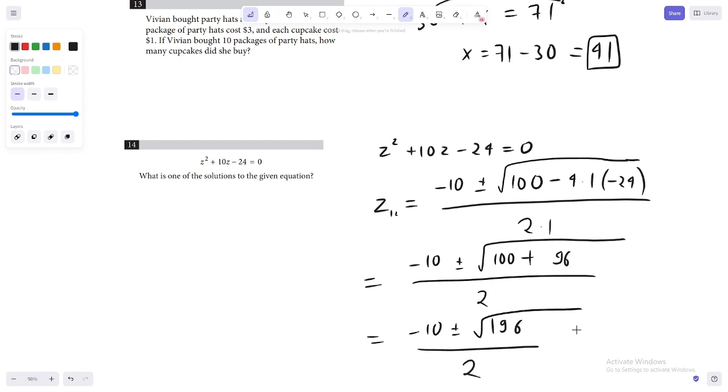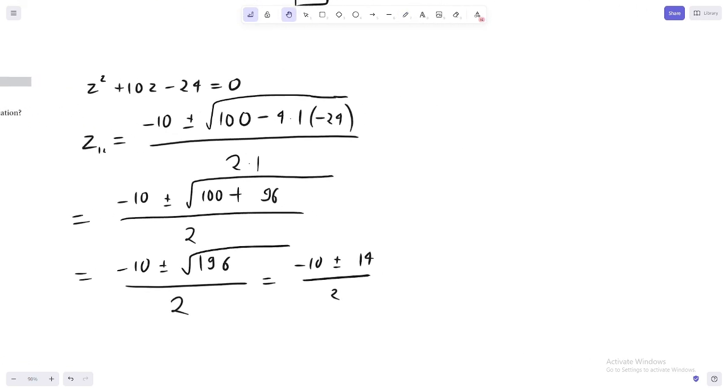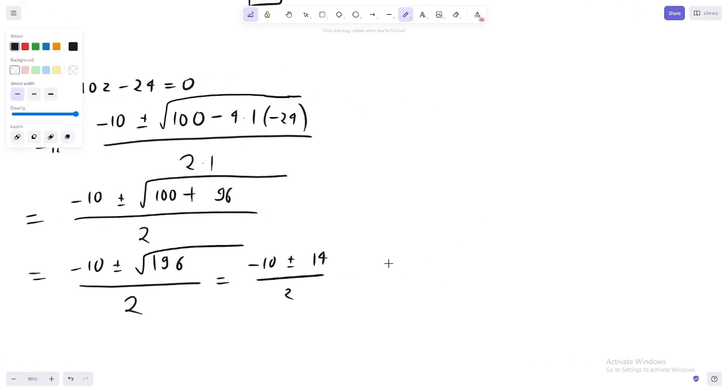Now, square root of 196 is equal to 14. So let's find the two solutions. So we get the first solution, z1 equal to, with positive, we get minus 10 plus 14 divided by 2. And this gives us 4 divided by 2, get 2.